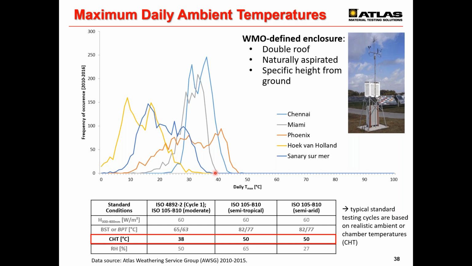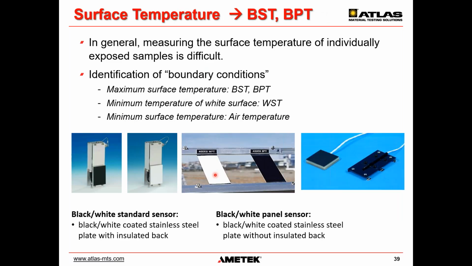So 40 degrees Celsius, I would say, is a relatively realistic maximum temperature in an outdoor environment, and many weathering standards have maximum chamber air temperatures in the range of 40 degrees Celsius, so relatively realistic. However, in weathering, we are much more interested in the surface temperature of our test specimen.